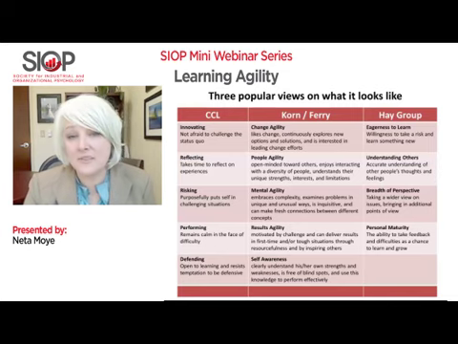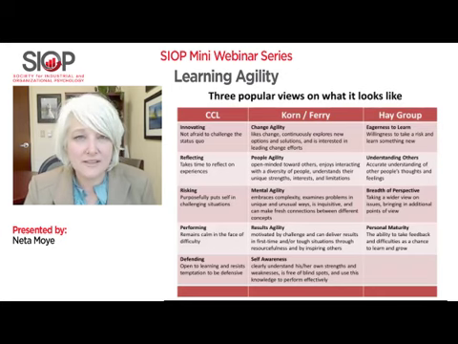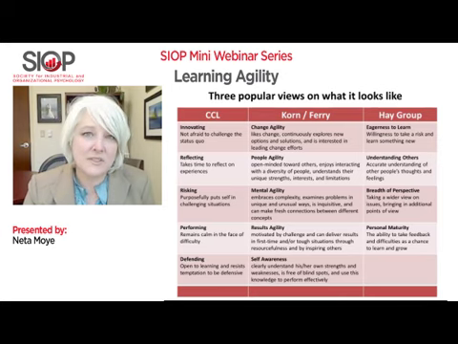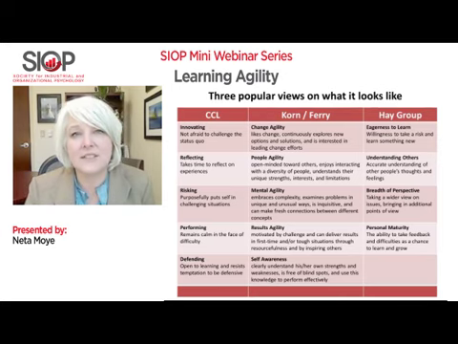Korn Ferry has a similar set. They have 5 dimensions: change agility, people agility, mental agility, etc. And the Hay Group, which actually calls it their growth factor inventory or growth factor index, has 4 dimensions as well. You probably see similarities across these. In fact, we tried to line these concepts up so you can see the ones that are most similar. Innovating has some similarity with change agility, which has some similarity to eagerness to learn.